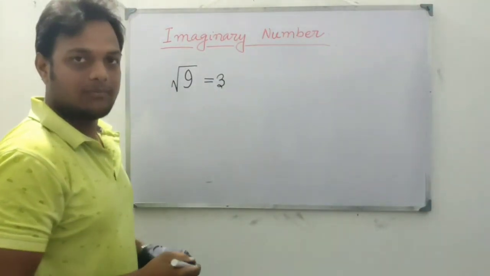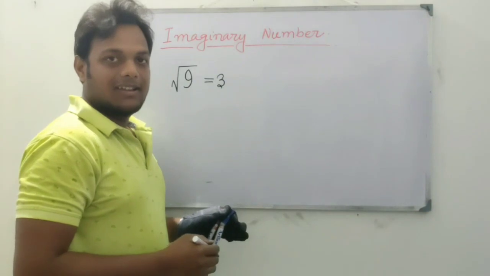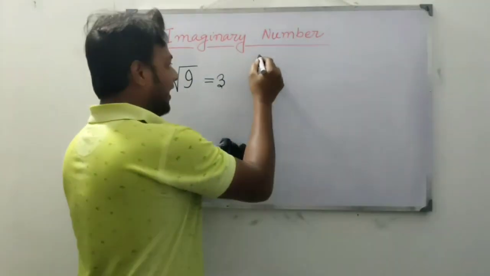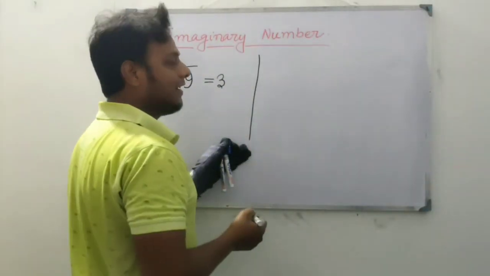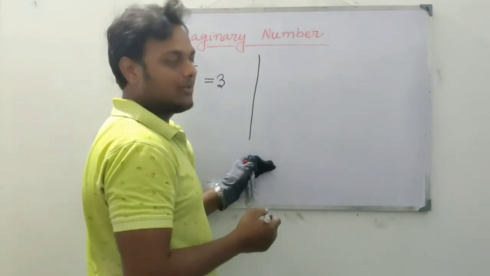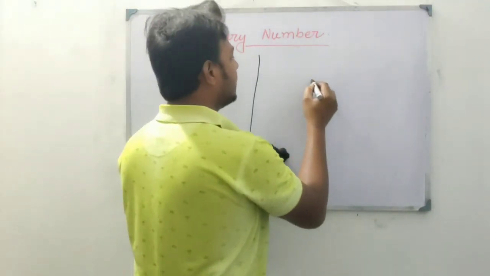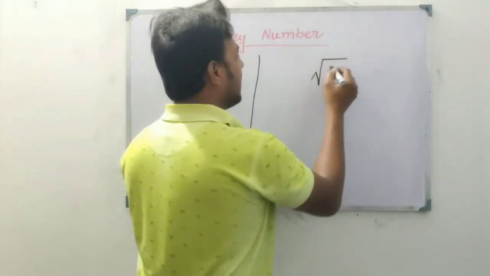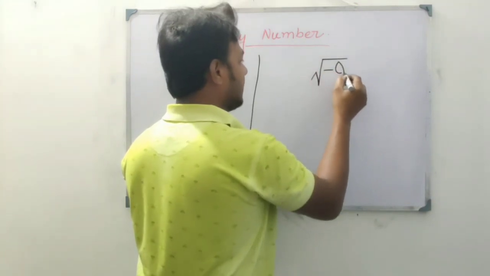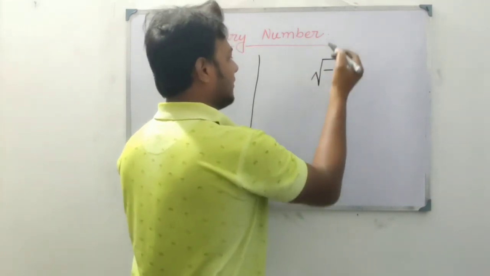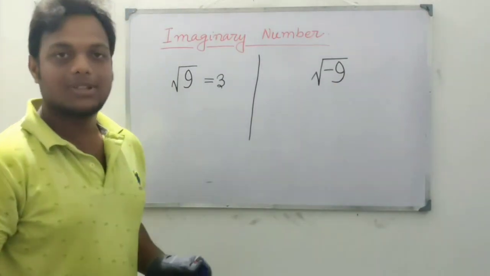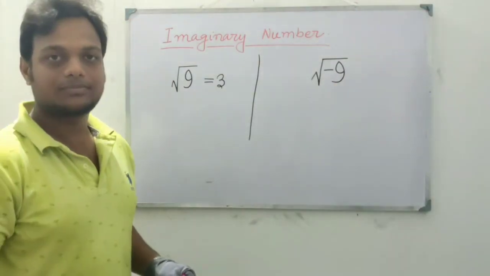Is it clear? But if I ask you what is the value of root over minus 9, what about this? What is the value of this?